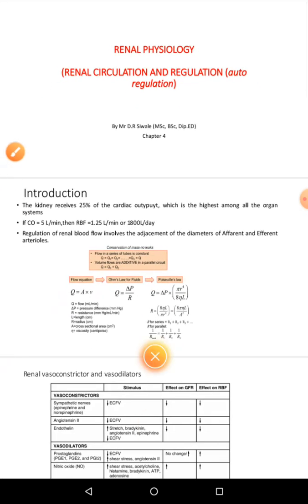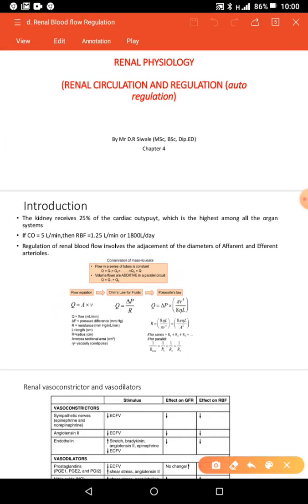So first things first, we need to know that the kidneys receive 25% of the cardiac output, which is the highest among all the organ systems.